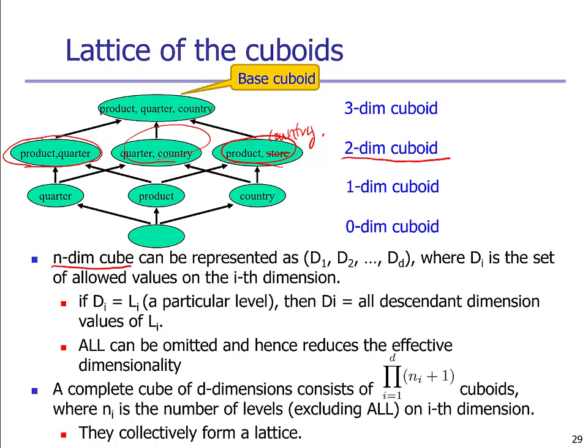We have fixed one dimension to all, so you have the freedom to choose the values on the other 2 dimensions. So it's a two-dimensional cuboid.